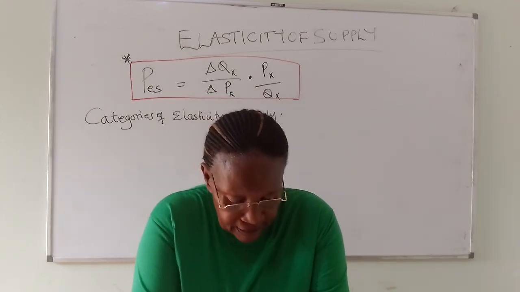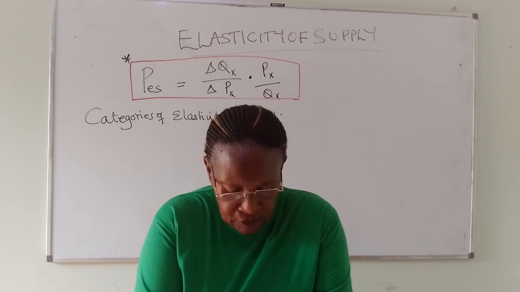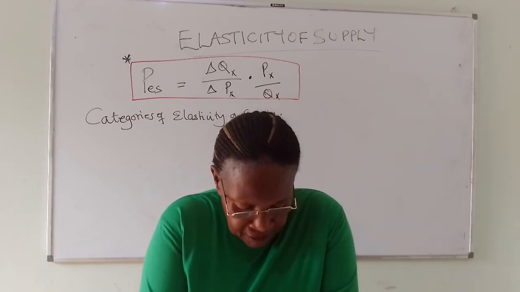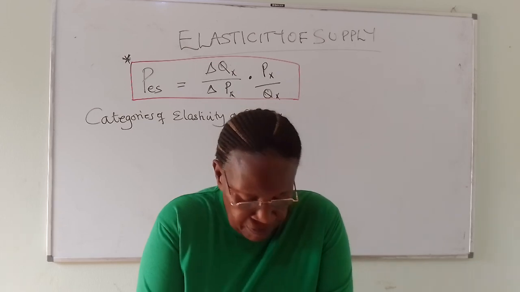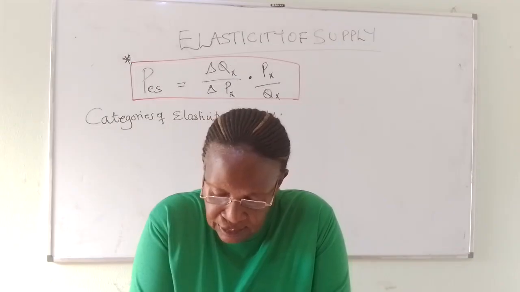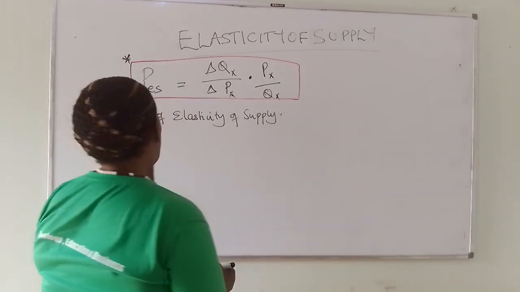So supply is elastic if a very small change in the price of that commodity leads to a big change in quantity supplied of that commodity. And it can be illustrated by a diagram or a graph.